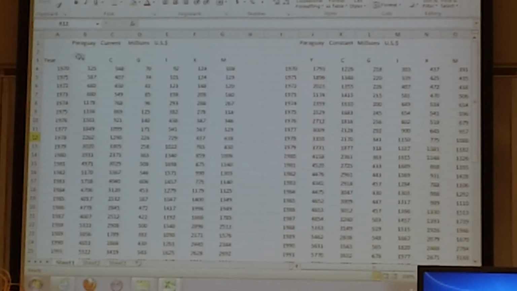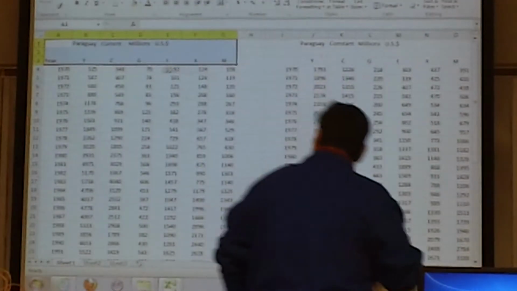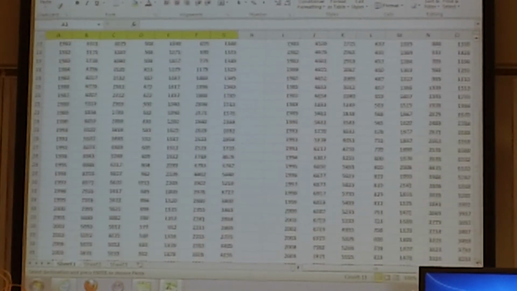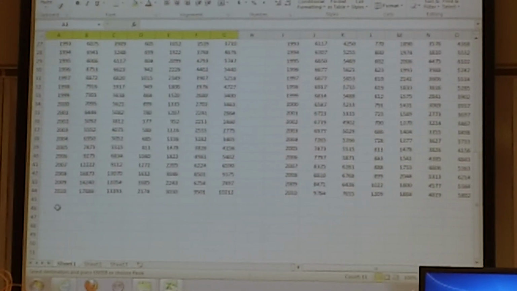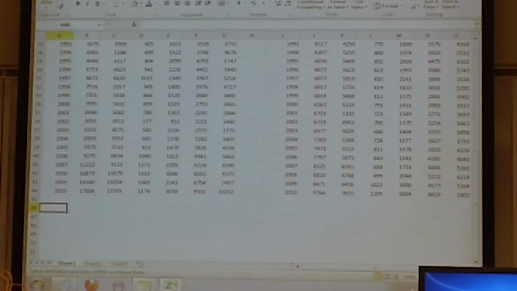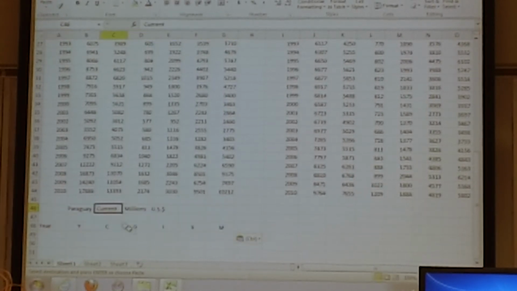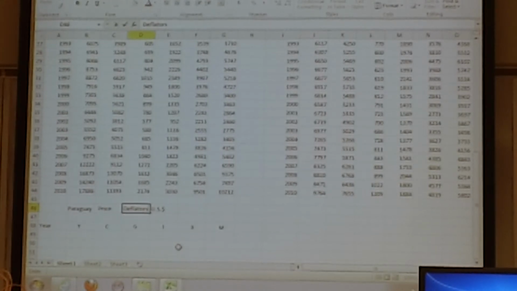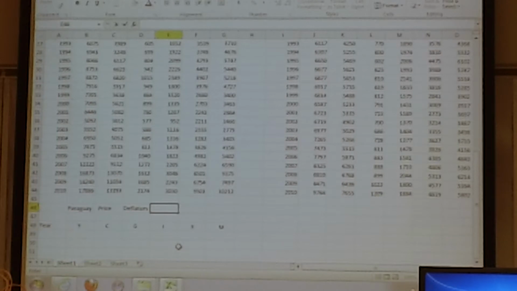So I'm going to copy all of this. Paste it. And we're going to call this price inflation. And these are implicit.